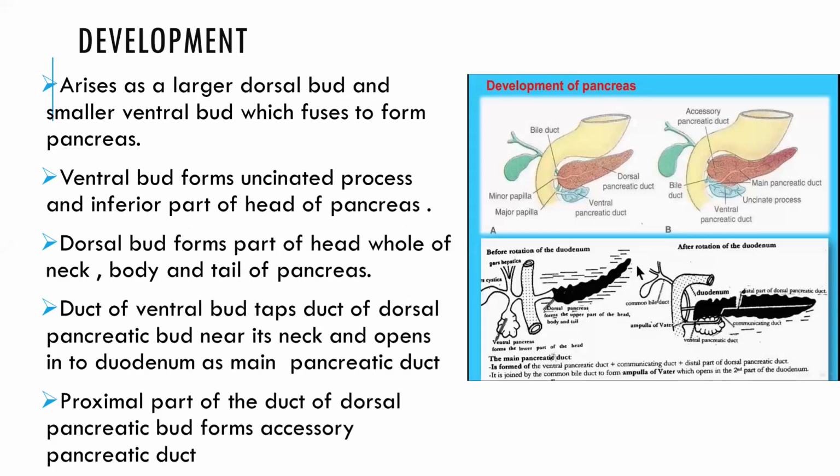And development, as a small part, as you already completed: it arises as a large dorsal bud and a small ventral bud, which fuse to form the pancreas. The ventral bud forms the uncinate process and inferior part of the head of pancreas, whereas the dorsal bud forms a part of the head, the whole of the neck, body, and tail. The duct of the ventral bud taps the duct of the dorsal pancreatic bud near its neck and opens into the duodenum as the main pancreatic duct.